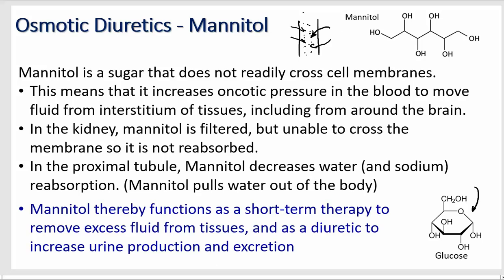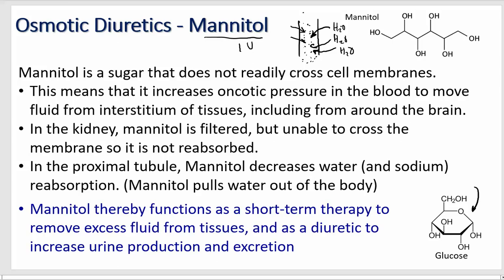So if this is a blood vessel and we inject someone IV with mannitol, then that mannitol will stay in the blood vessels, and it will pull fluid out of the interstitium and into the vessel. So it moves that fluid from the interstitium of tissues, including from around the brain.